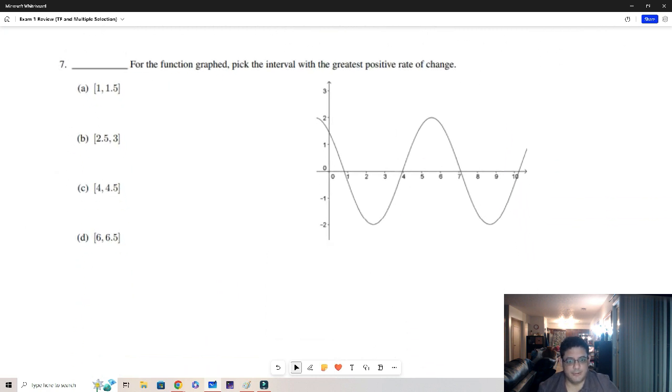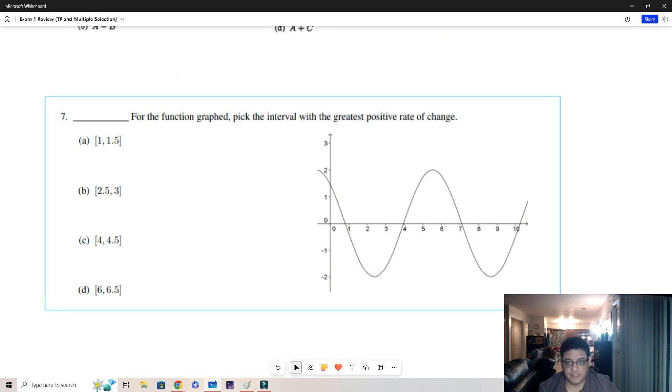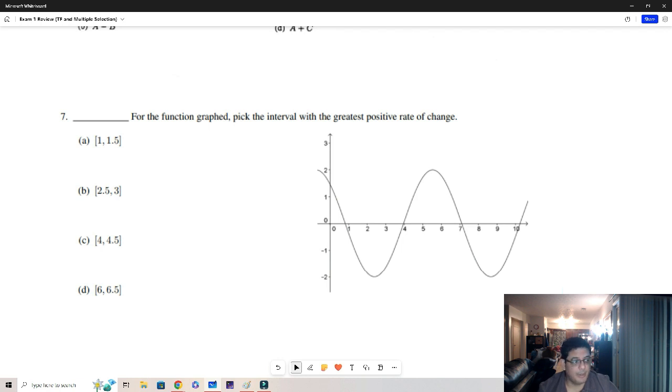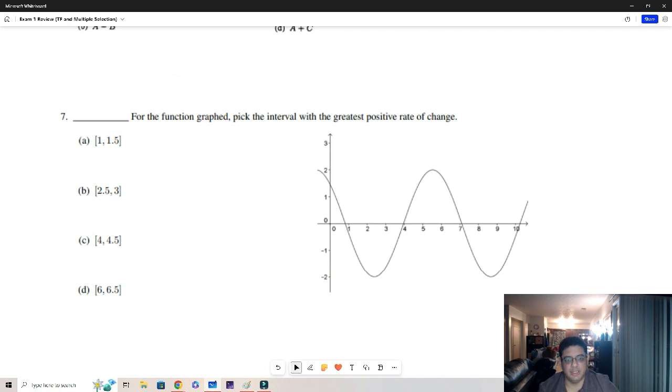Now finally, to conclude this multiple selection question, we have here a graph of a function, and for the function that we have graphed, we want to pick the interval with the greatest possible rate of change. And so the greatest rate of change is where we're going to have the points where we have concavity changes.